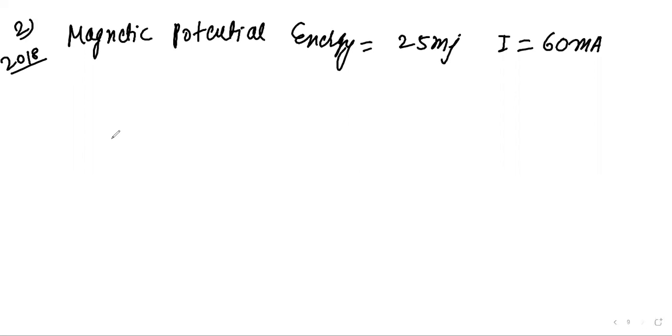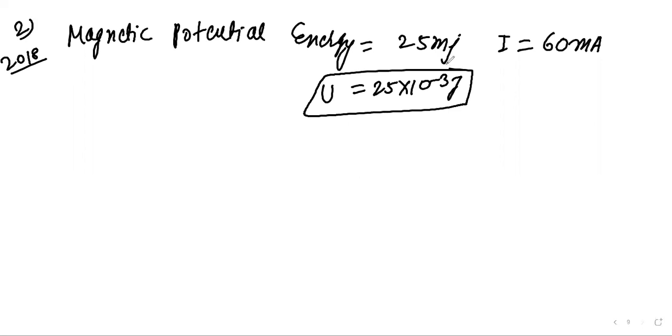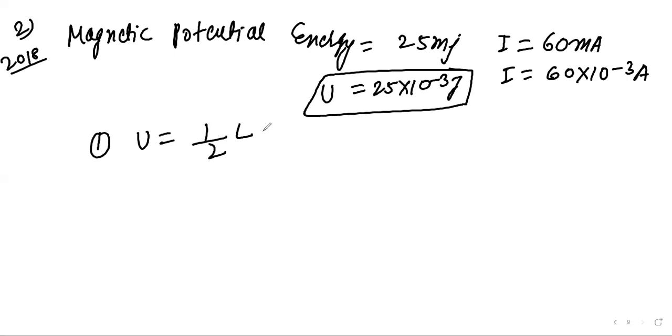So the magnetic potential energy is given, 25 millijoules. Convert into the standard value, so it will be 10 raised to the power of minus 3 joule. The magnetic potential energy is also represented as U. The current flowing through is 60 milliampere, so it will be 60 into 10 raised to the power of minus 3 ampere, right? As we know, the magnetic potential energy stored formula is U is equal to 1 upon 2 L I square.